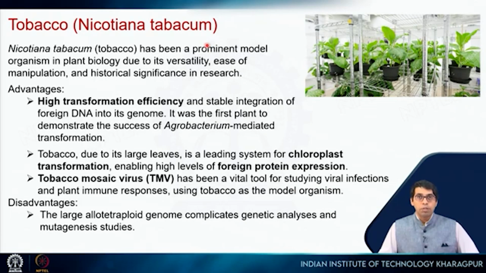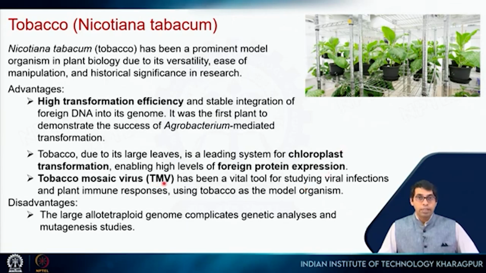Another very commonly used plant is tobacco. It has been a prominent model organism in plant biology due to its versatility, ease of manipulation, and historical significance. It also has very high transformation efficiency, and due to its large leaves, it is a leading system for chloroplast transformation, enabling high levels of protein expression in these organelles.